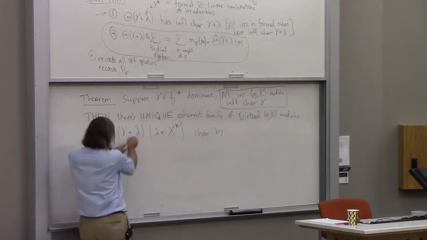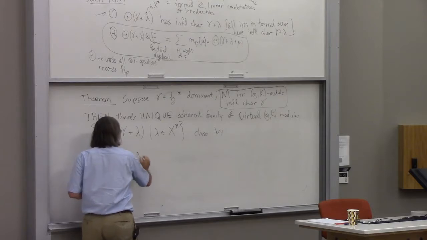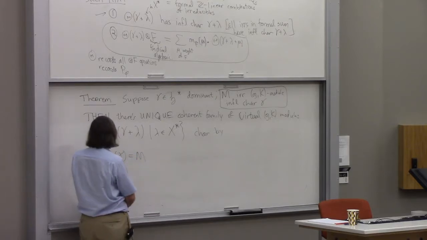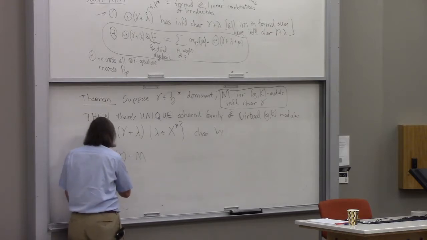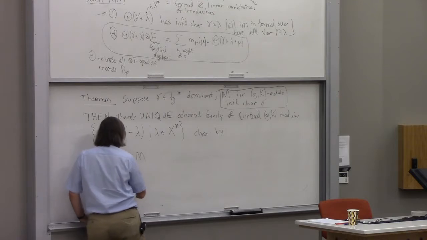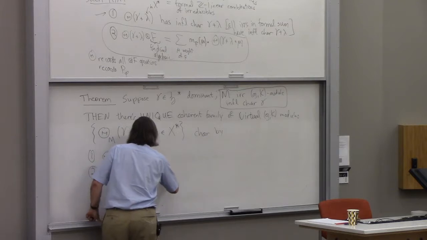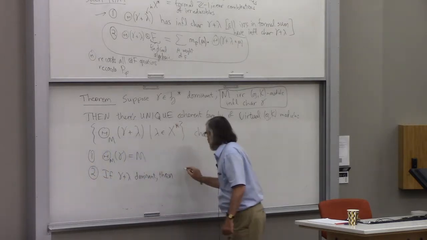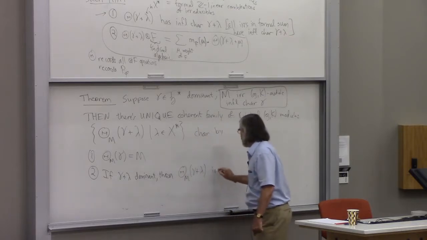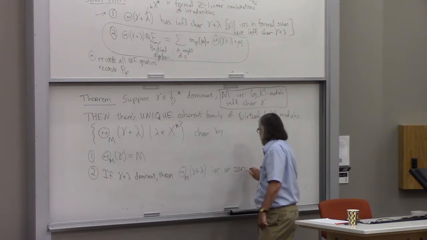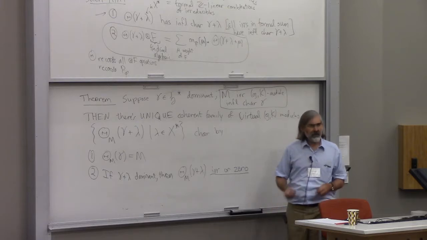The first property is the most obvious one: the value at gamma is equal to M, so that's good. The second is that if gamma plus lambda is dominant, then this theta M of gamma plus lambda is irreducible or zero. And that's the whole characterization.